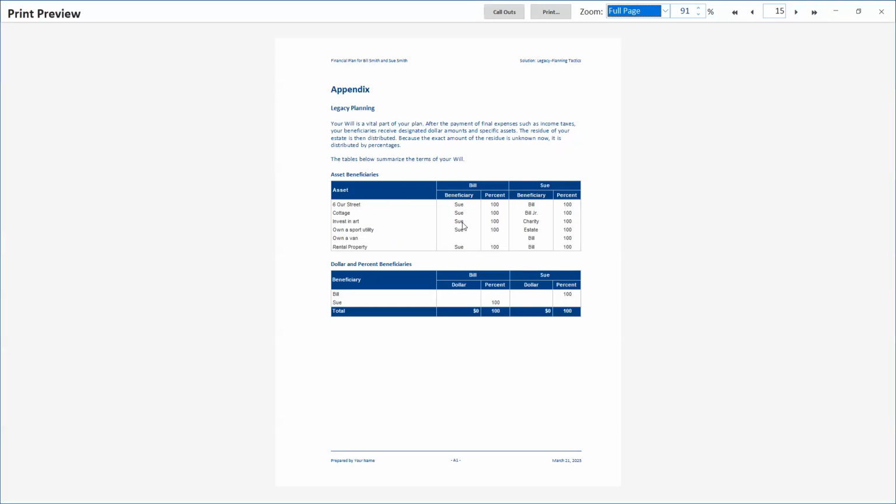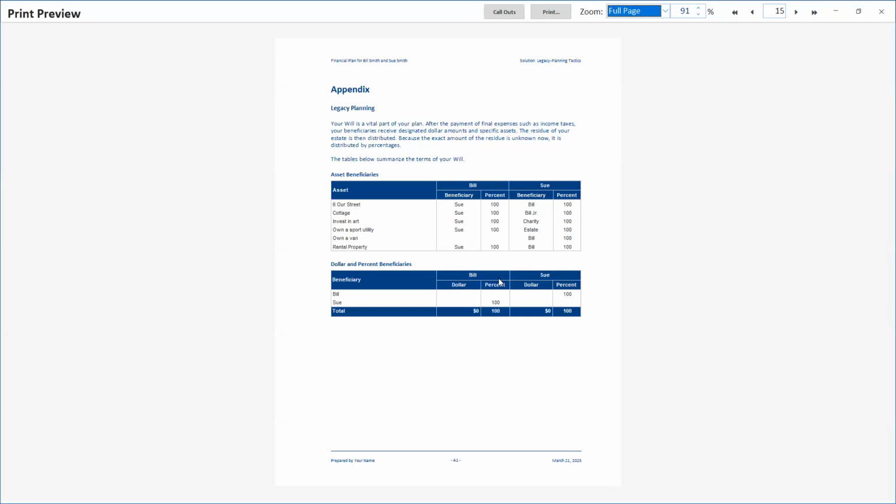It's down here when we look at the art going to Sue, then from Sue to charity, or the vehicle just being part of the estate asset, or the rental property, Sue's half going to Bill. So this is summarizing the terms of the will as it exists.